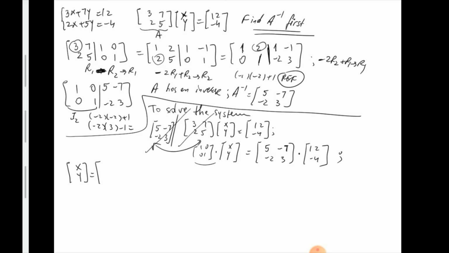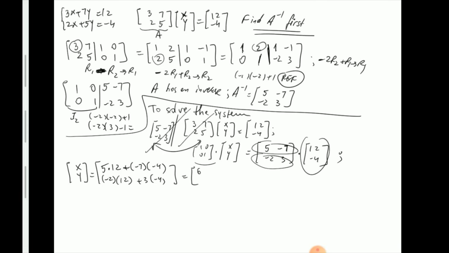And on the right hand side, let's do the multiplication carefully. Row 1 times the only column that you have in the column matrix, plus minus 7 minus 4. And then row 2, and then the same column, minus 2, 12, plus 3 minus 4.